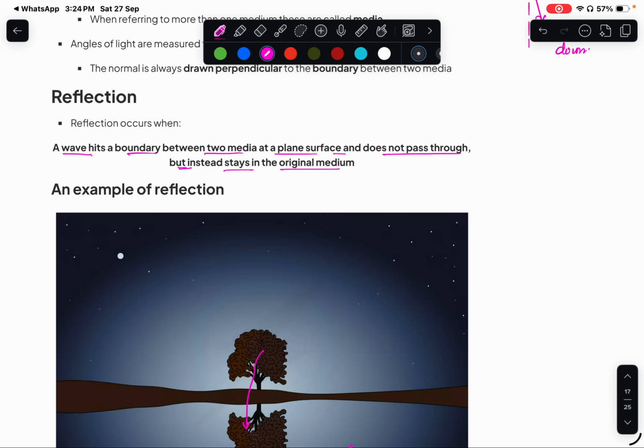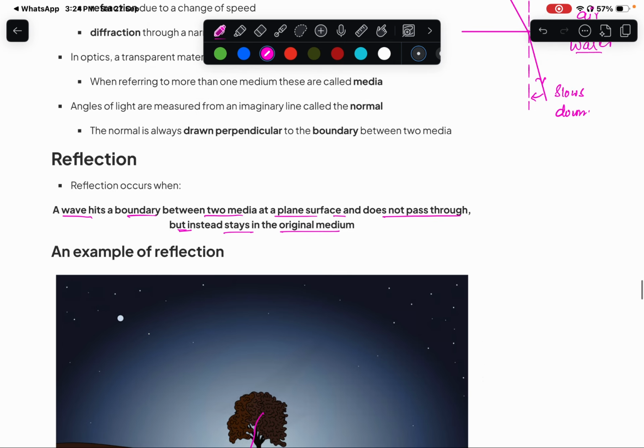Which properties of the wave are changing when wavefronts are moving from the deeper to the shallow region? There are a few properties we have already studied: number one, the wavelength, number two, the frequency, and number three, the speed.